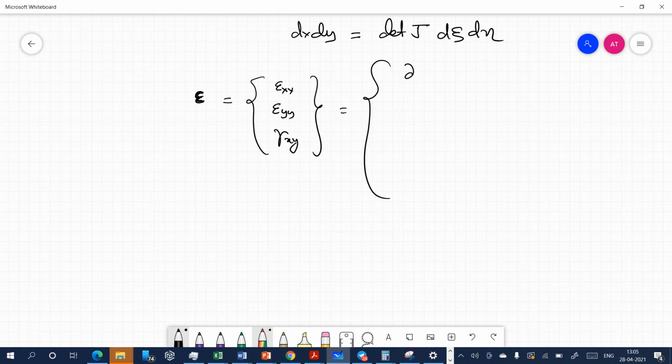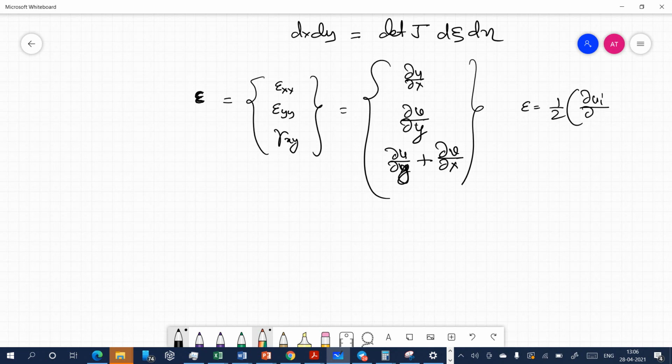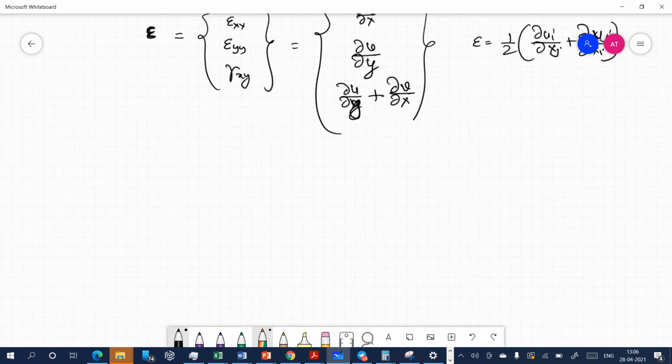So these will be del u by del x, del v by del y, and del u by del y plus del v by del x, right? This is how we define the strain, if you remember the strain formulation, right? So we are just shrinking the general formula, which is del ui by del xj plus del uj by del xi. We're simply doing that.